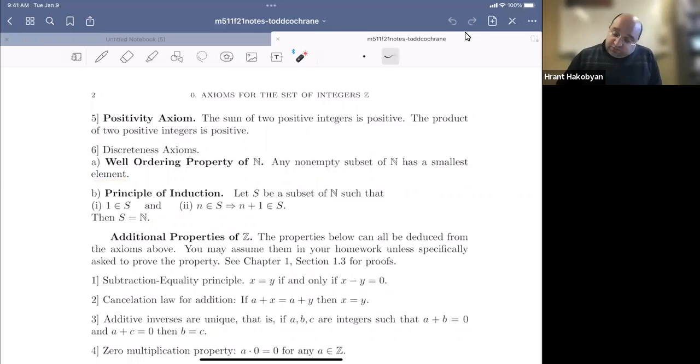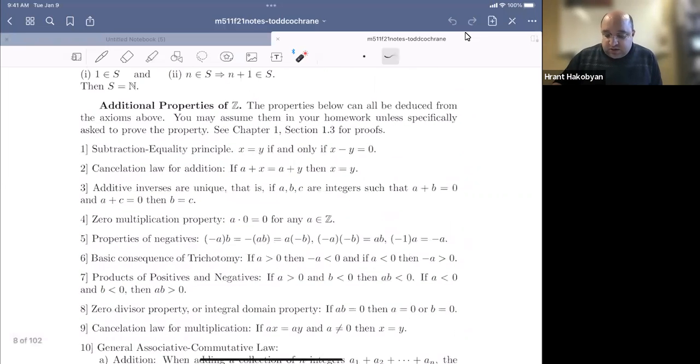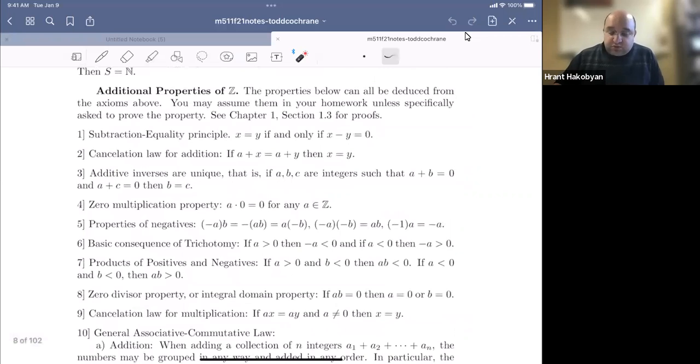So based on these axioms, there are properties of the integers which we use all the time, but a lot of the times we don't really think much about those. So today we're going to deduce some of these properties of the integers starting from the axioms we mentioned before.